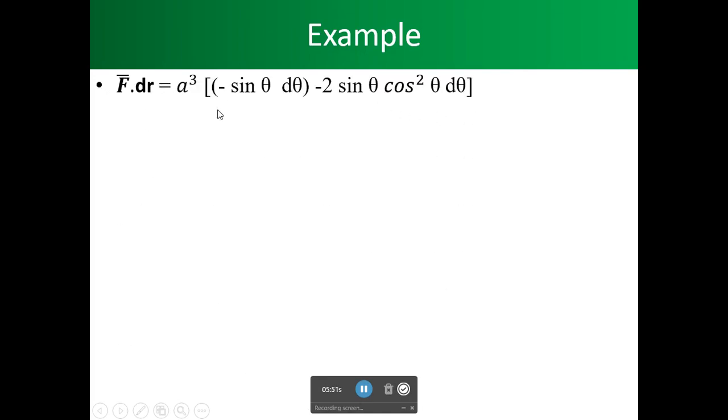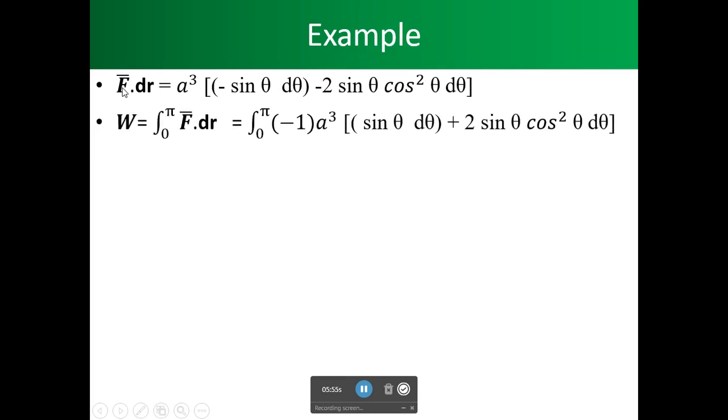So this is what we had from the last page that we're carrying over for our work, for our dW. Now for us to find the work, we need to integrate this dW, and if we integrate this dW, we're going from 0 to pi.